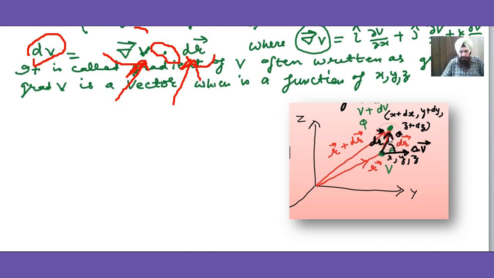So let me say theta is the angle between the two. Let me mark that angle theta like this. We have shown a direction of gradient V along this side with angle theta between the two. There may be any angle theta, from 0 to 90 degrees.